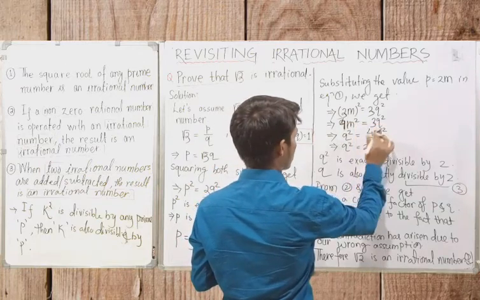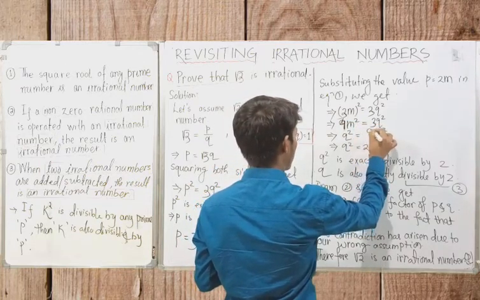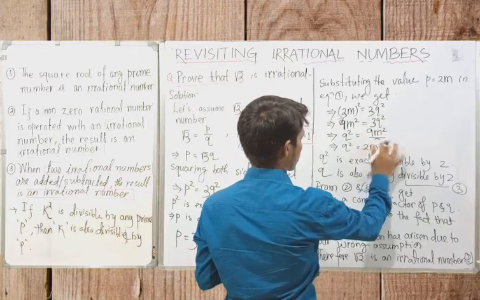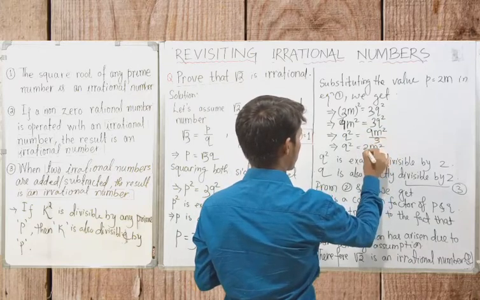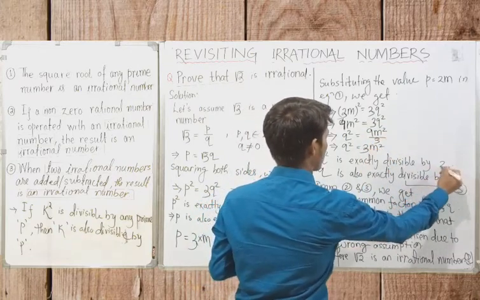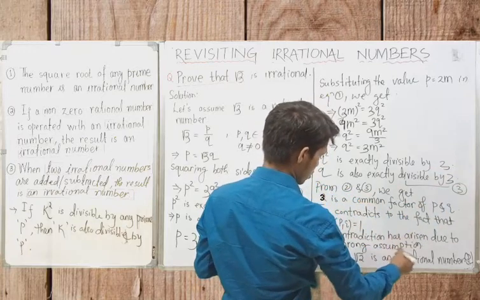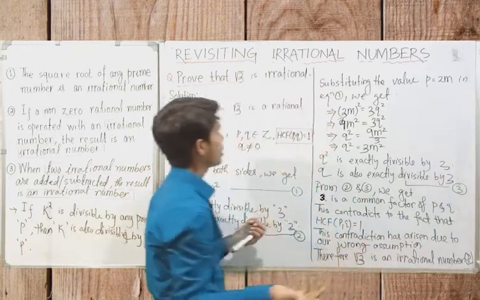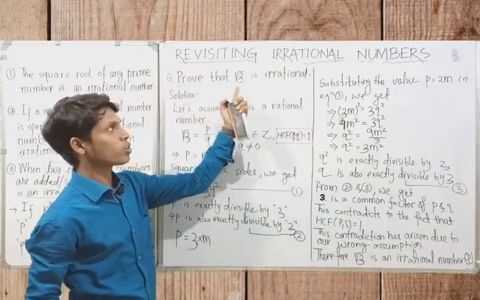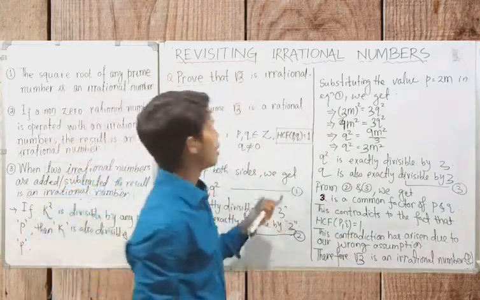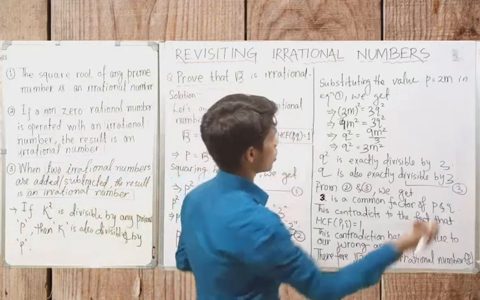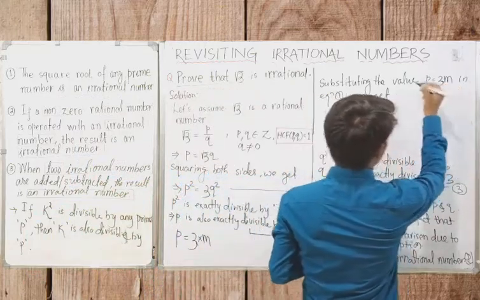So in place of 4 we write 9, and in place of 2 we write 3, and it is solved. If there is a new question that proves that root 3 is irrational, you follow the same steps.